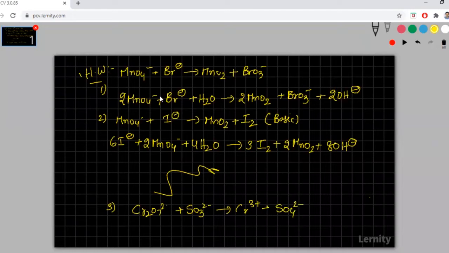In this condition, the answer is 8H plus plus Cr2O7 2 minus plus 3SO3 2 minus gives 2Cr3 plus 3SO4 2 minus plus 4H2O.